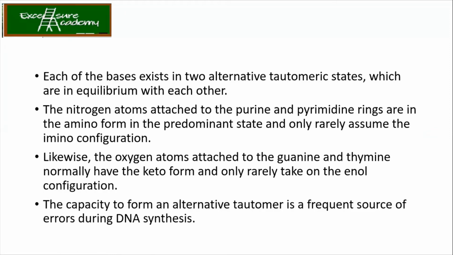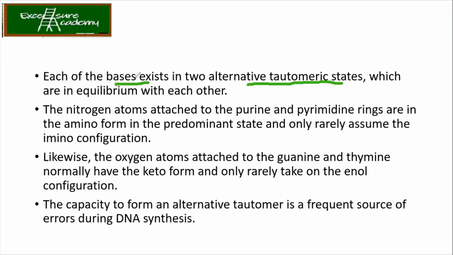Anyone? Is the question clear to everyone? See, what I was saying is that the bases exist in two tautomeric forms. One is keto, the other is enol; one is amino, the other is imino.